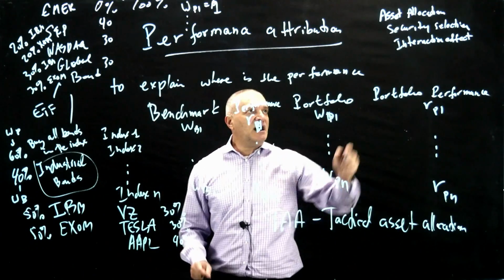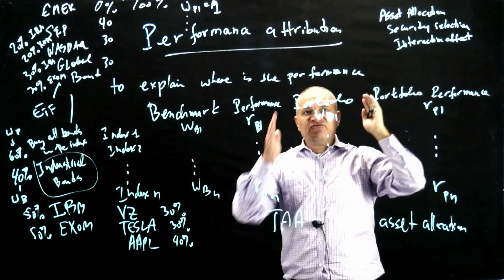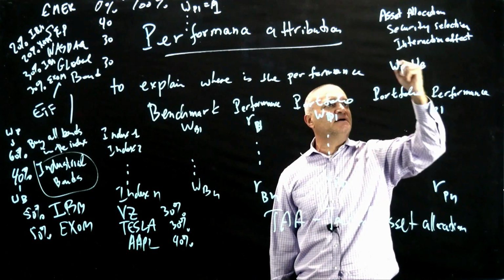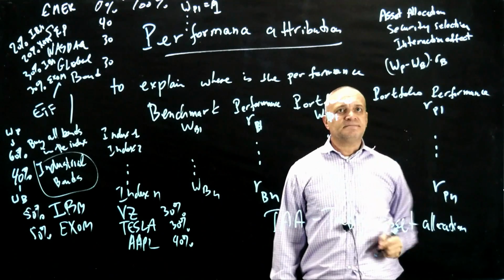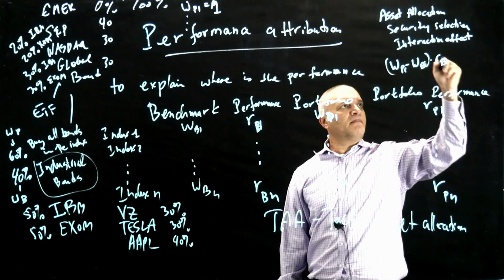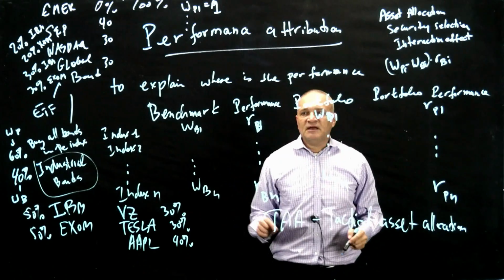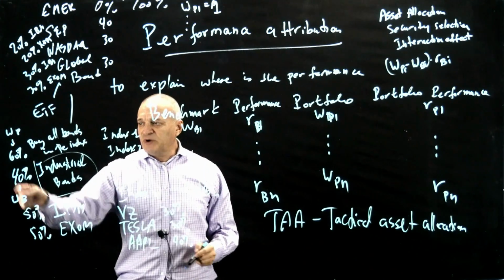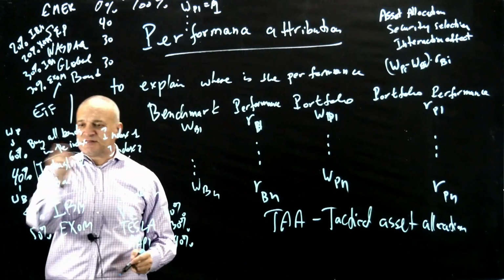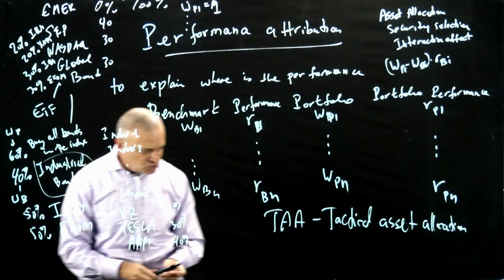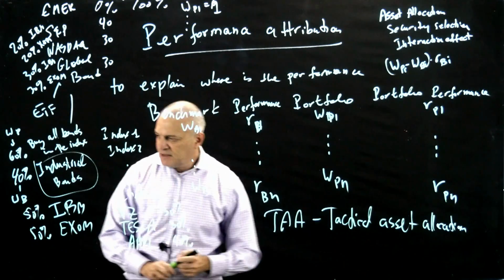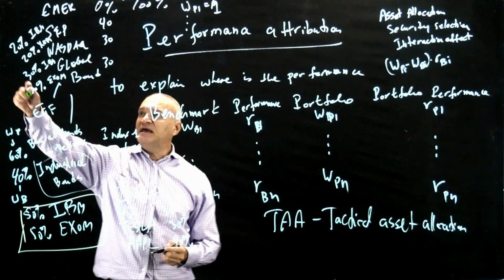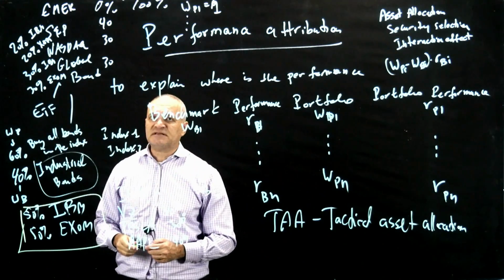And then, how do you define asset allocation? For each sector, you define it as W portfolio minus W benchmark times the return of the benchmark. So in this case, you're creating a virtual portfolio where you invest 60% inside the industrial bonds, and you mimic the benchmark by reproducing it. You invest exactly 30% in IBM and 30% in ExxonMobil.